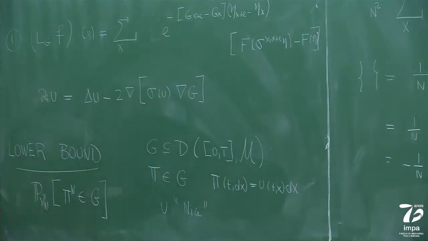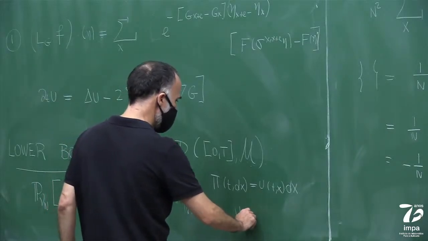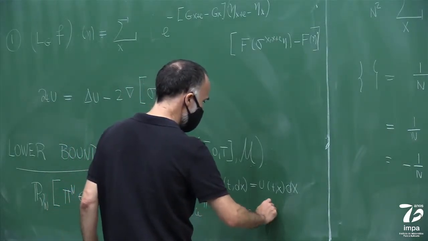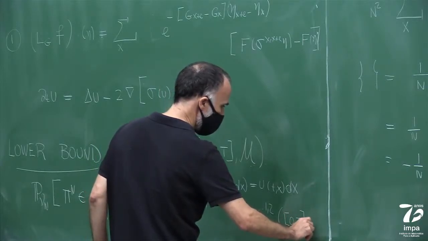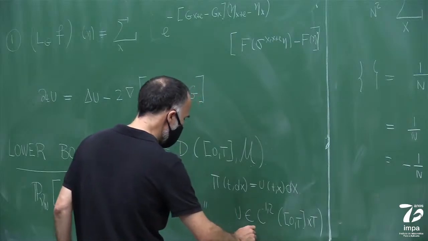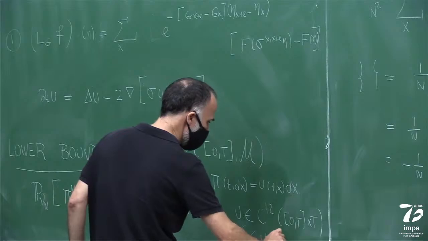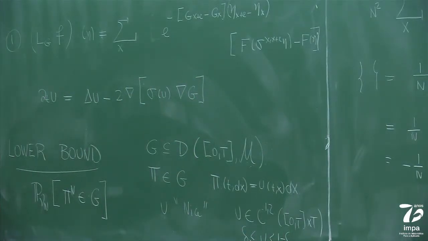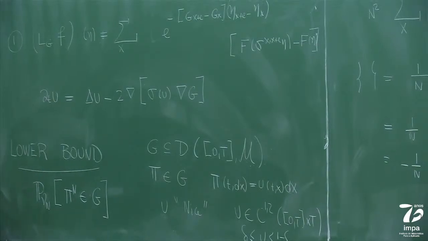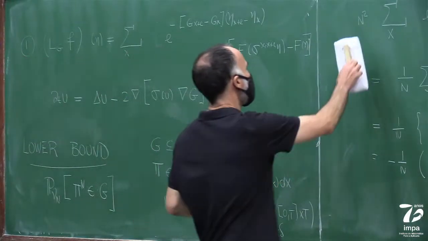What it means for me that u is nice is that u is smooth, so let's say that it belongs to C^{1,2}, and that it's bounded below and above, between 0 and 1. I could ask much more, but why am I asking that? For the following reason.